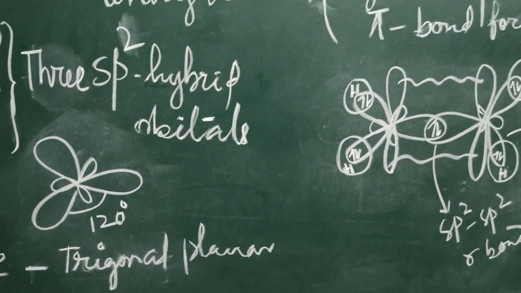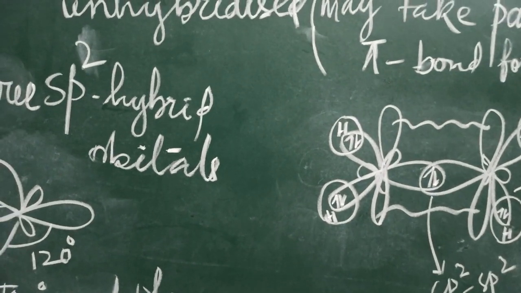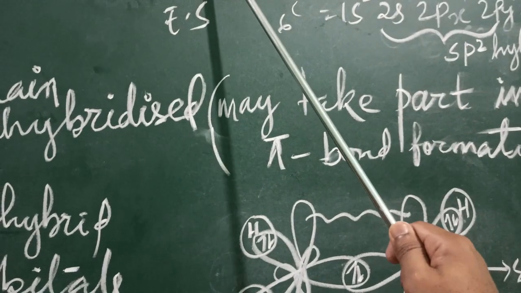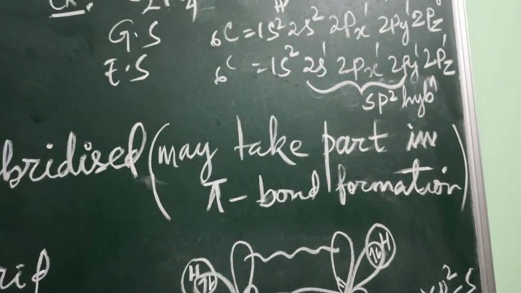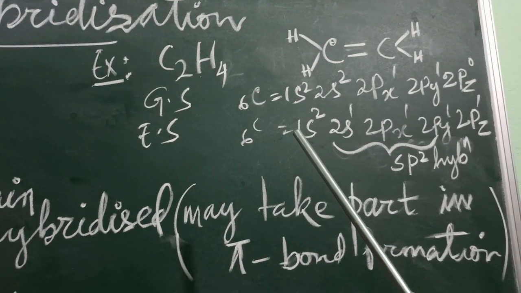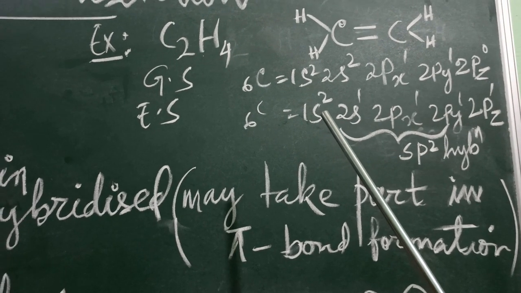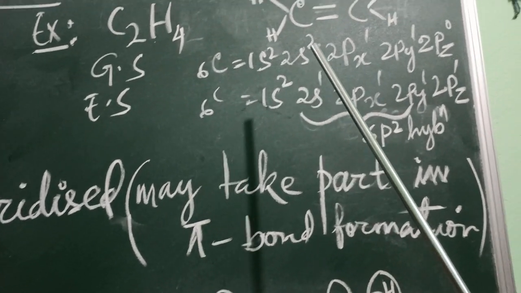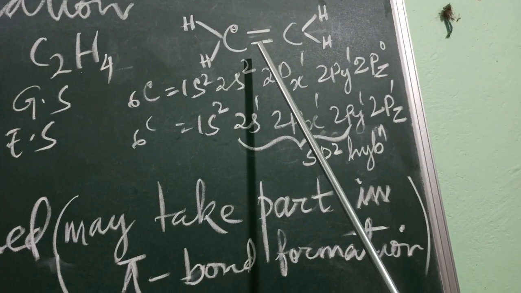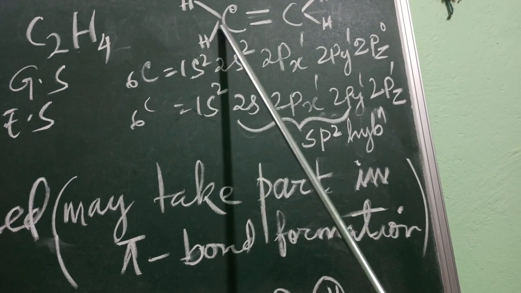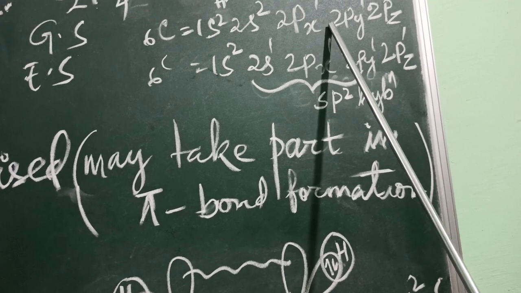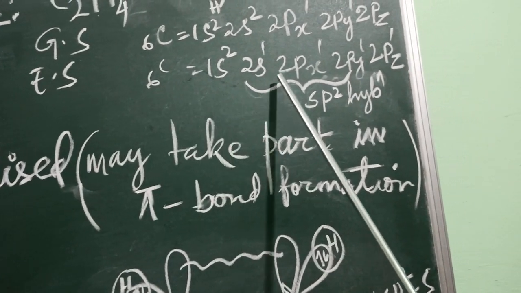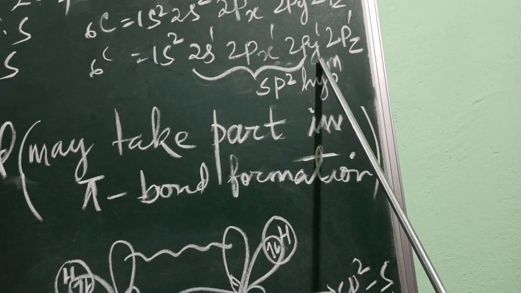We can take the example of ethene. The bond pattern of ethene is like this. Similar is the ground state and similar is the excited state electronic configuration.